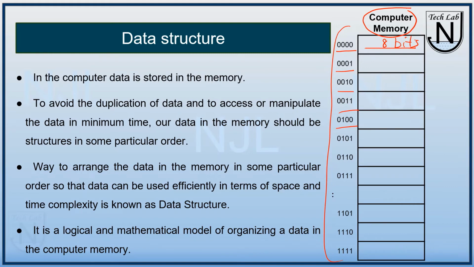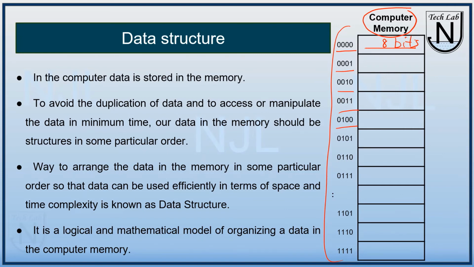Now the thing is, whatever data we are going to store, how are we going to store that data? Whenever we store the data, it should be stored considering the two questions of time complexity and space complexity, thinking that if I need to retrieve any data from the memory, how can it be done easily and in very little time.